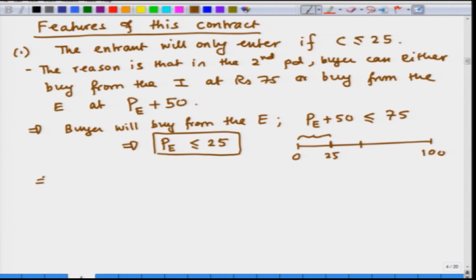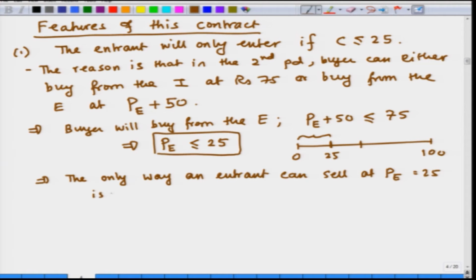So, the only way an entrant can sell at PE equal to 25 is if its marginal cost is less than or equal to 25, right.